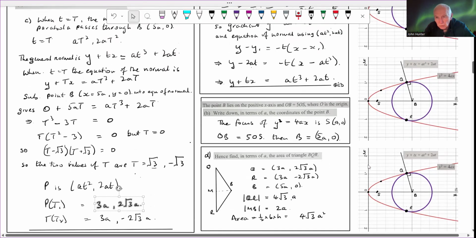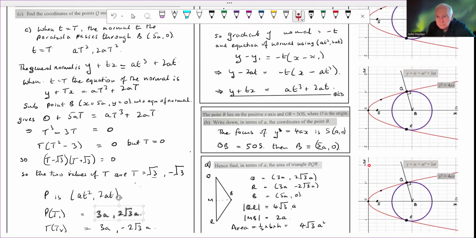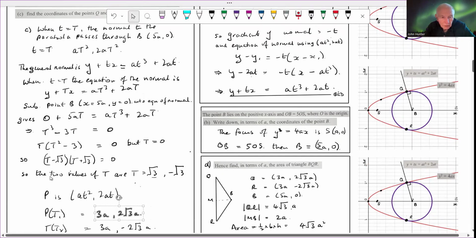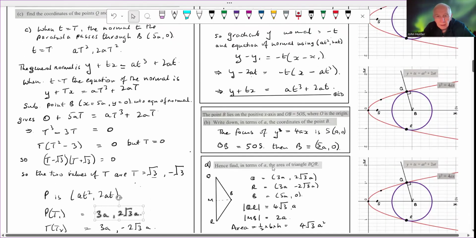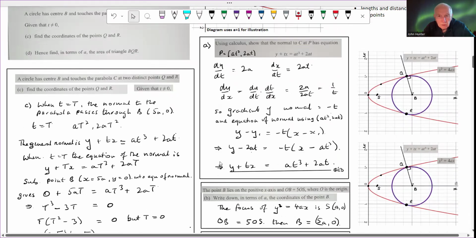So that's what these two points are here, Q and R. Okay, perhaps write Q and R on there, which would be clearer. Okay, so all right, so that is what we've got there.